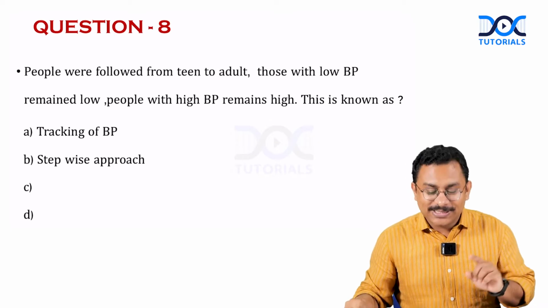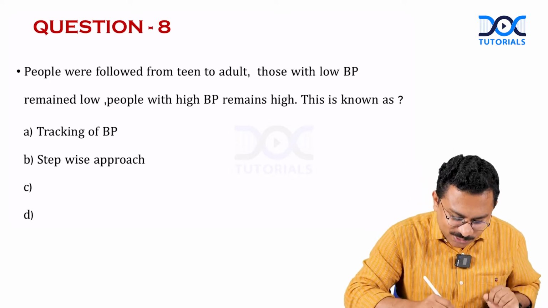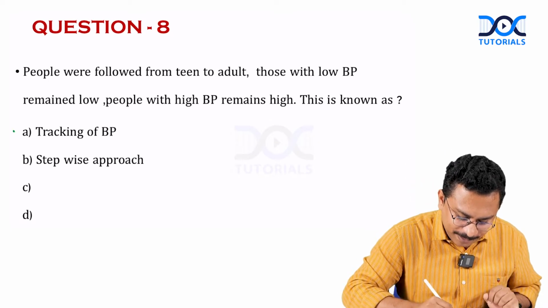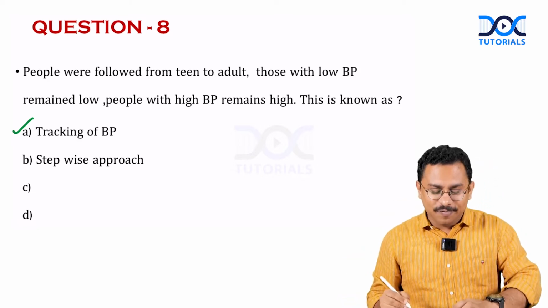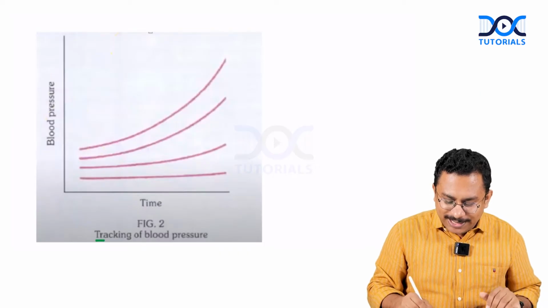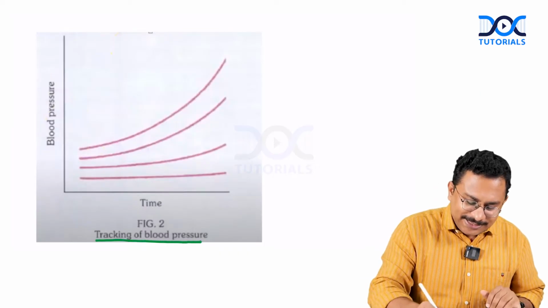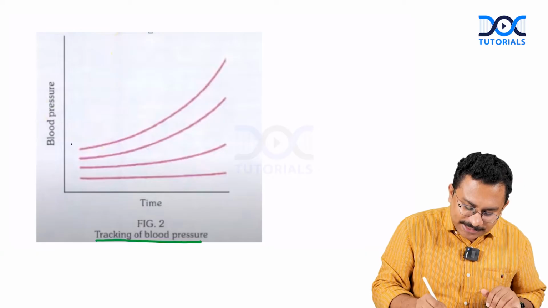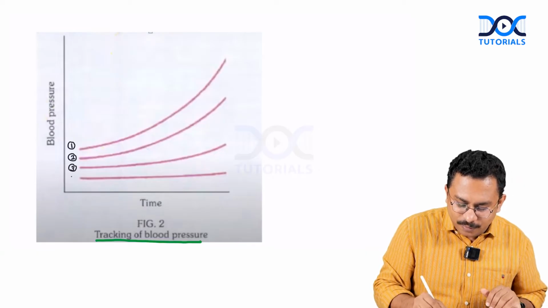So this phenomenon is known as tracking of blood pressure. I'm just showing you a figure as well. Let's have a look at these 4 individuals: 1, 2, 3, 4.